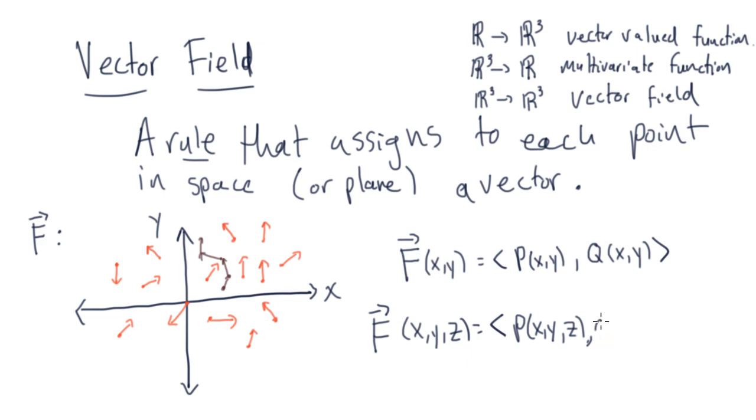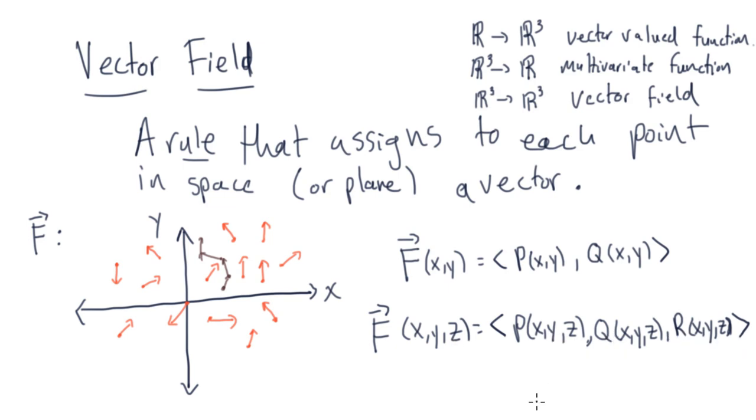And then I'll have Q, and then I'll typically just use an R for the third component function. So again, for every point x, y, and z in space, if I have a vector field F, then I have an x component function, a y component function, and a z component function, and I'm outputting a vector at each point x, y, and z.